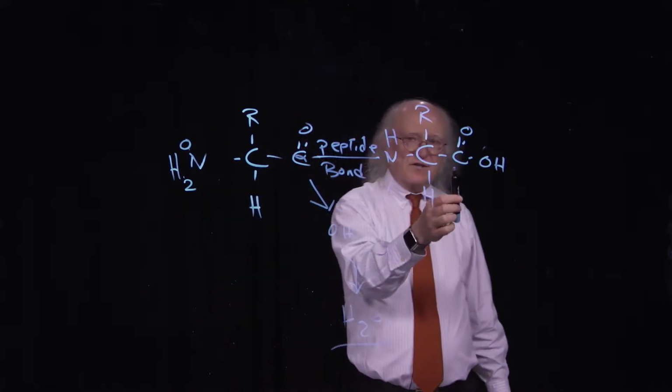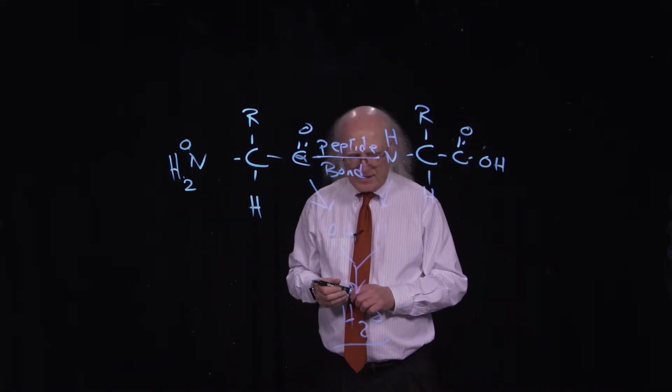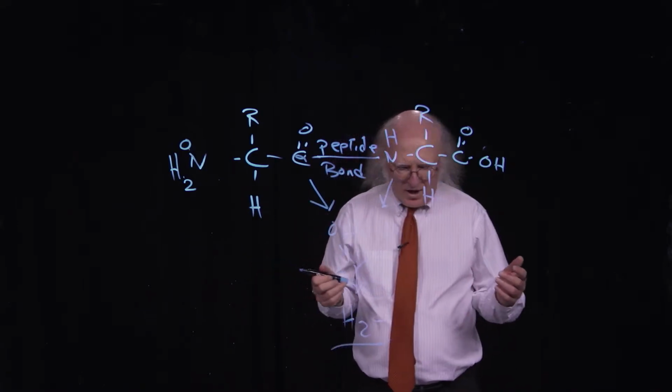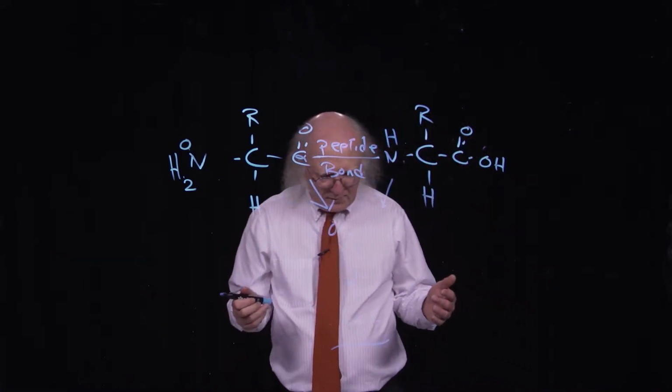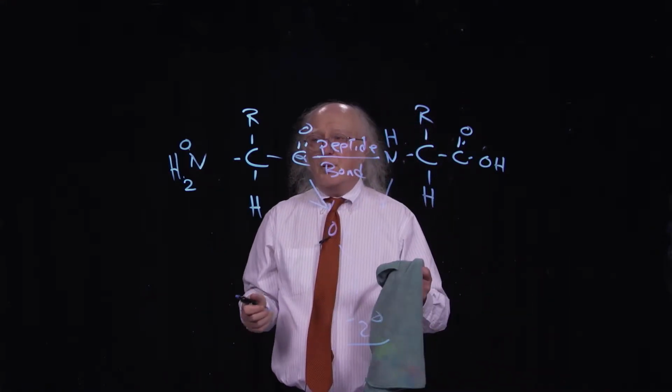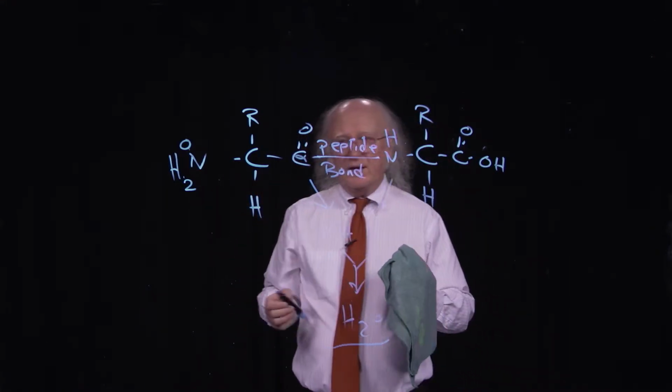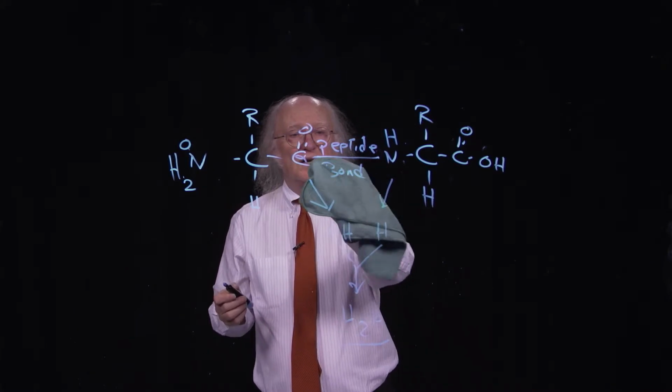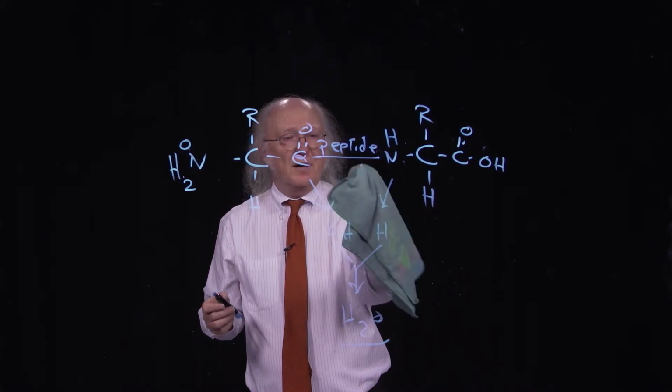Now, I leave this on the screen because it also helps to answer the second question, which is what parts of a polypeptide backbone behave as if they were a double bond? And it turns out that the part of the polypeptide backbone that behaves as if it were a double bond is actually the peptide bond.